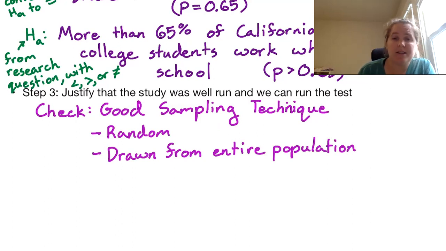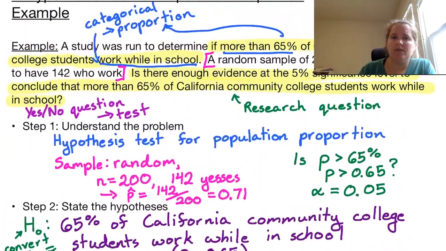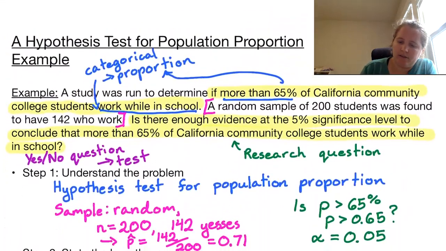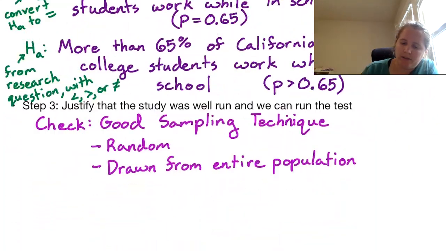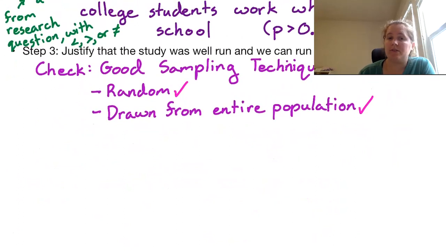So I apologize for the scrolling, but we do indeed have our random sample from our students. So we're going to assume then that that's true. So going back down, we have random. The wording, we're going to assume it was drawn from the entire population. So we have a good sampling technique.